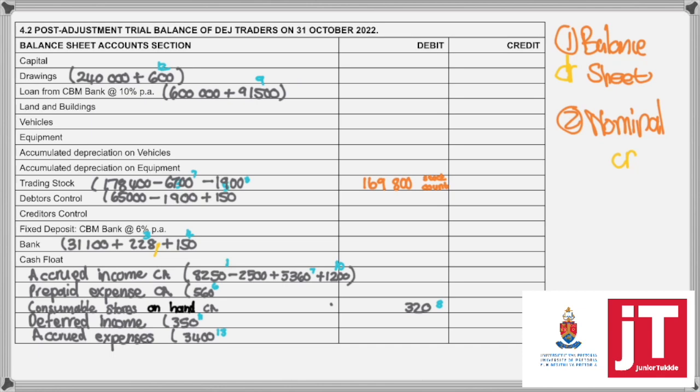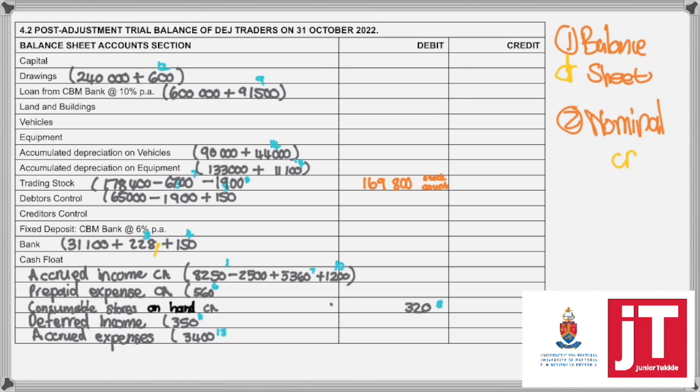And then the last active adjustment, number 14, is the depreciation. So the credit leg is in the balance sheet section here with accumulated depreciation on vehicles that must increase with 44,000. And the same on equipment, that must increase with 11,100. And both of those amounts will go onto depreciation in the nominal section.